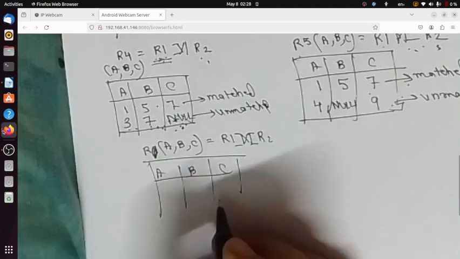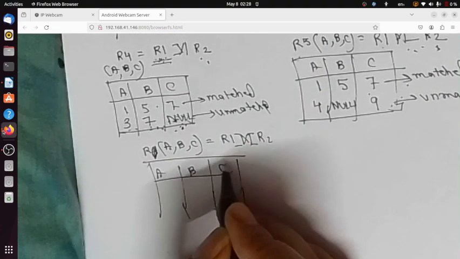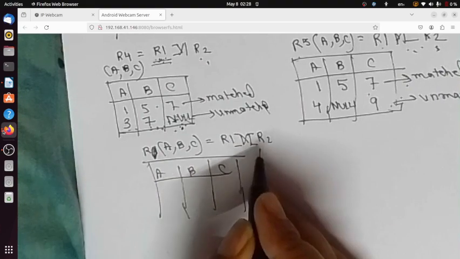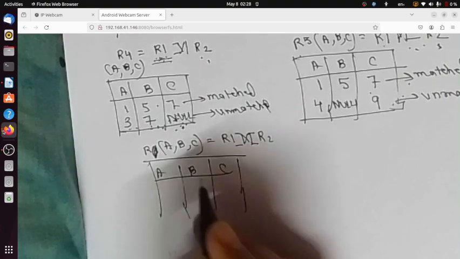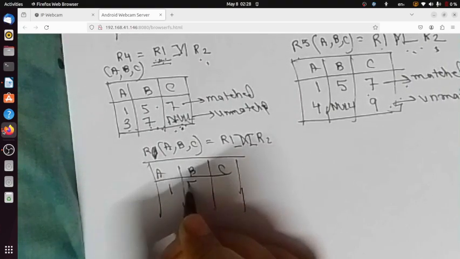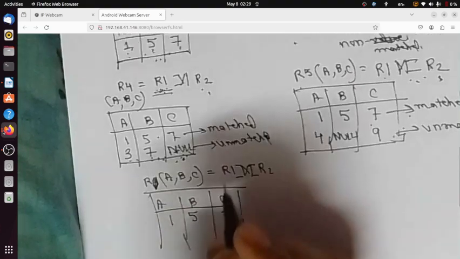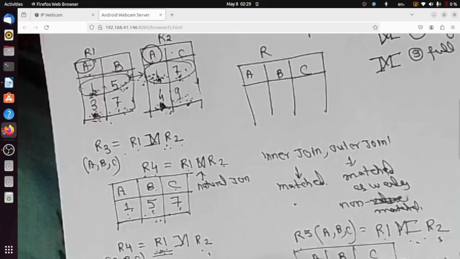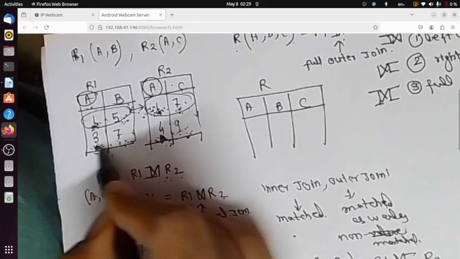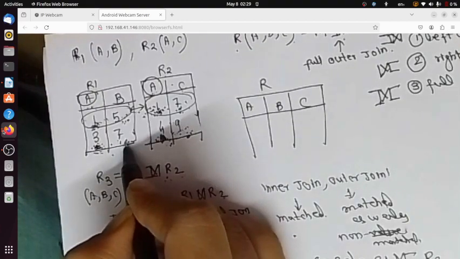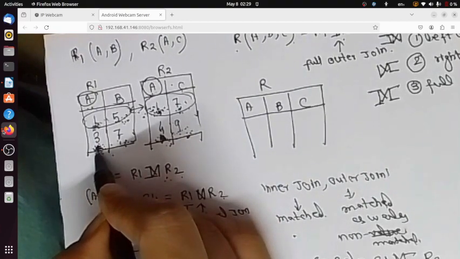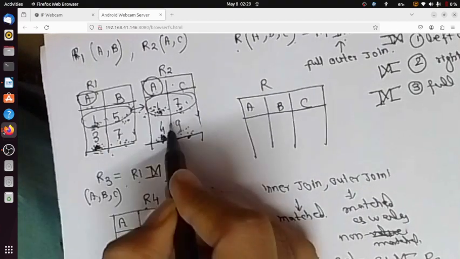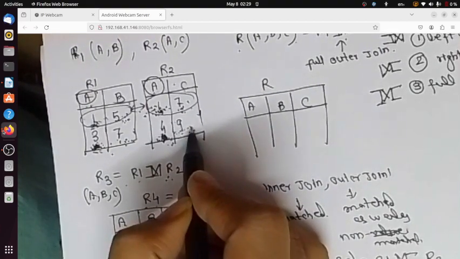So the matched record between R1 and R2 after the full outer join is A 1, B 5 and C 7. Then we will see the left relation, that is R1, which has 3, 7. This is a non-matched record because the common column A value is 3, which is not found in any record from relation R2.